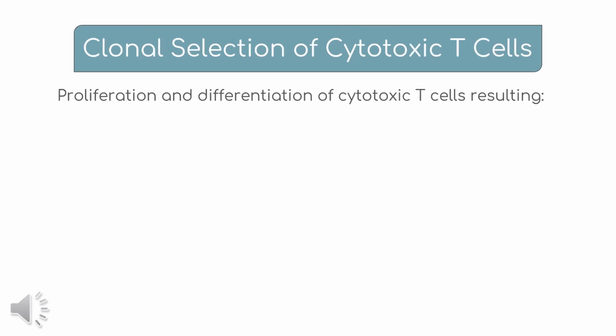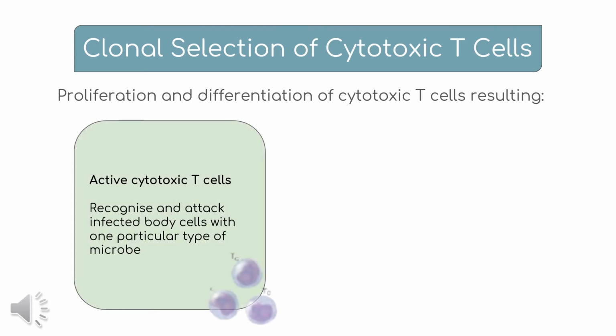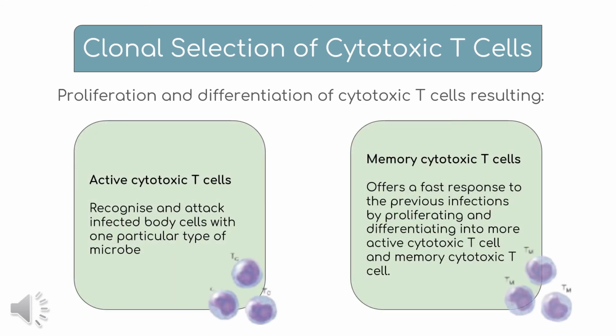Binding of antigen by infected cells to the receptor activates the lymphocytes, causing proliferation and differentiation of cytotoxic T cells. This is what we call clonal selection, where antigen selects particular lymphocytes for clonal expansion. This differentiation will produce active cytotoxic T cells and memory cytotoxic T cells.